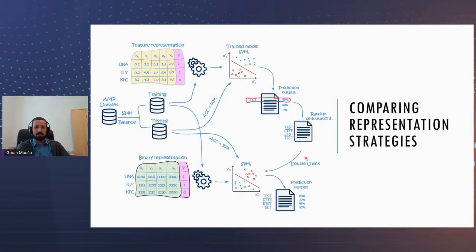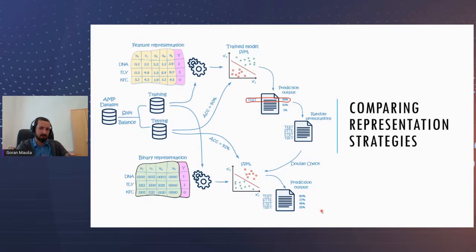Then we would give the same sequences to the second model, which doesn't know features but knows the sequence. And our initial results show that not all of them can be considered antimicrobial, which is obviously expected, but we just demonstrated that we have to be very careful.